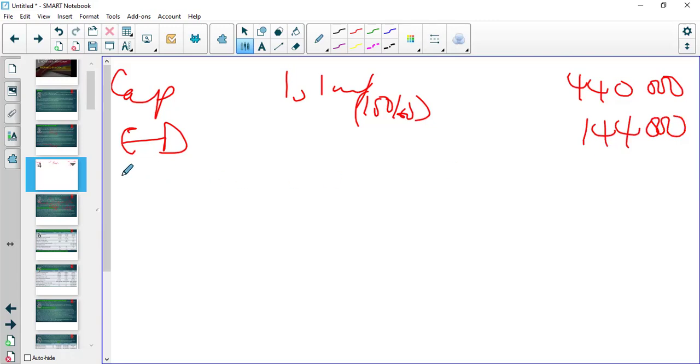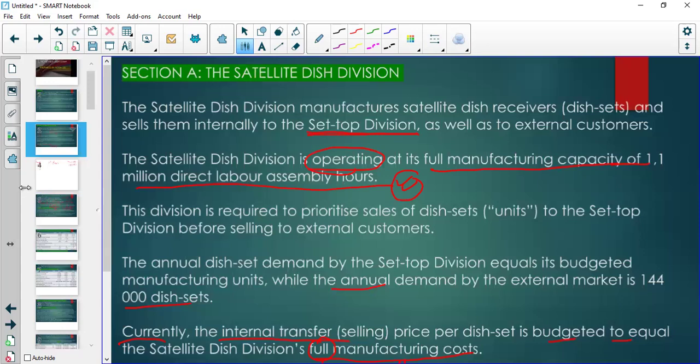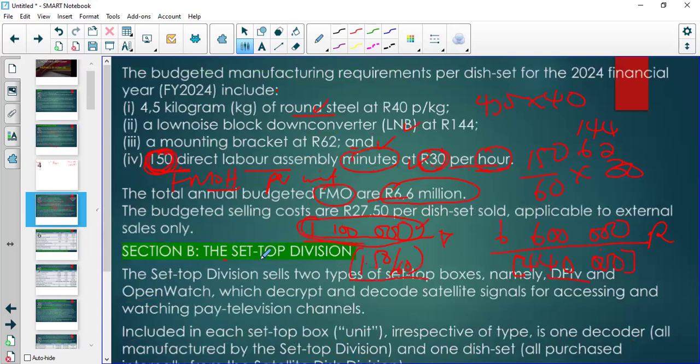Then because we are going to prioritize the internal guys, the internal demand is given. I think I saw it when we were doing that general talk. The internal demand for the set top division.